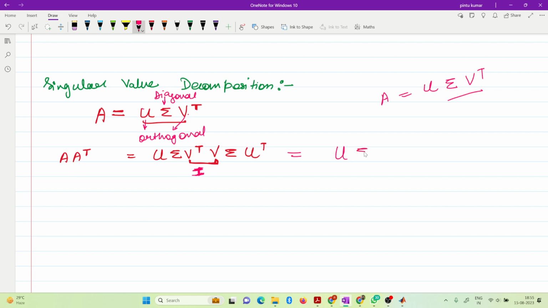So this is U sigma square U transpose. Can you relate this to something like P D P transpose? Remember A A transpose is a symmetric matrix, right?